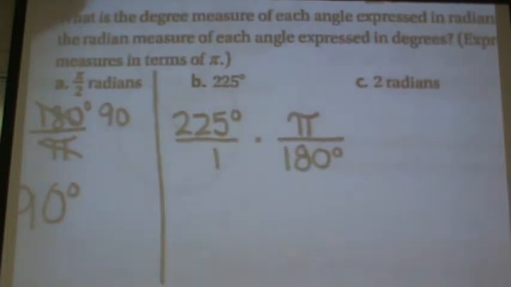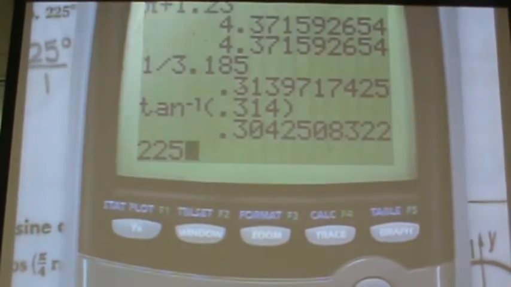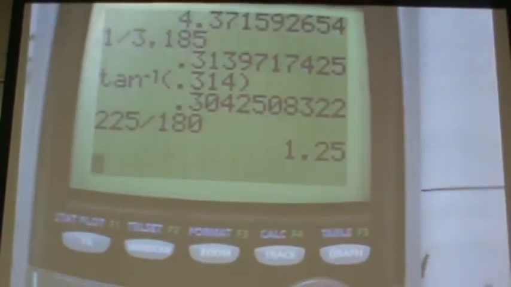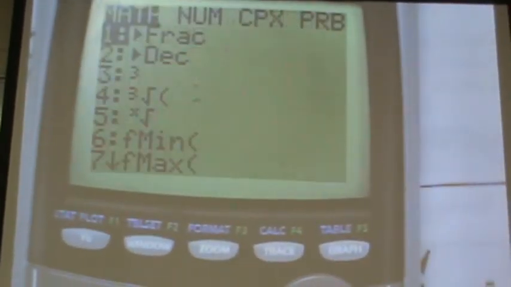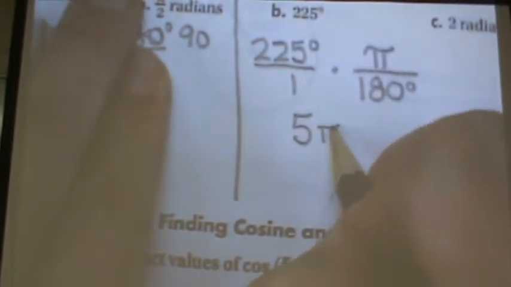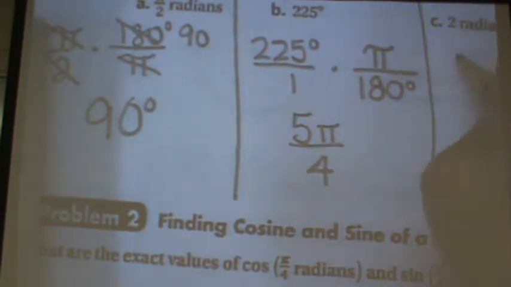Now on your calculator, you have 225 divided by 180. So you get that. Hit math, frac, and you get 5/4. You could do that too. So this is 5 pi over 4 radians.